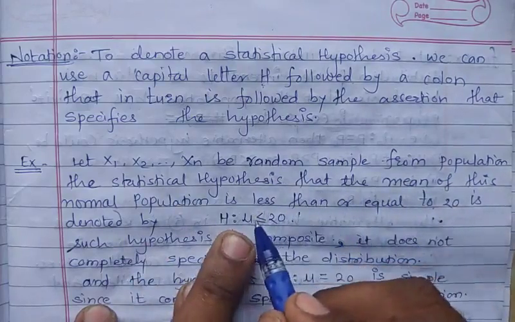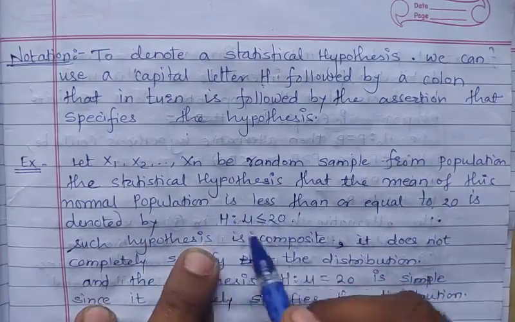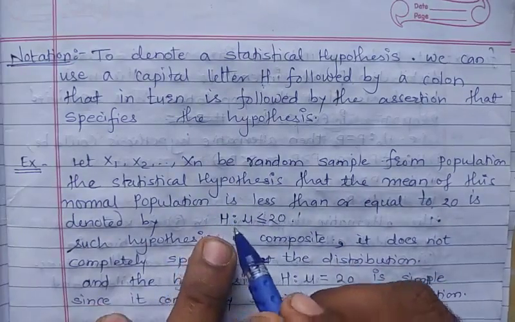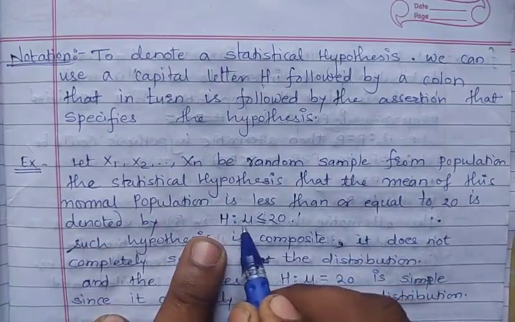So H colon mu less than or equal to 20 is the notation.